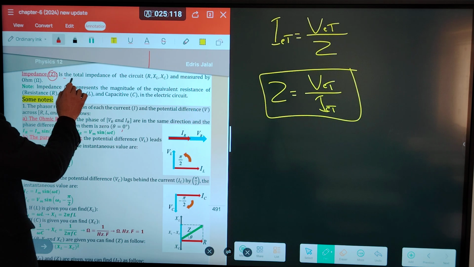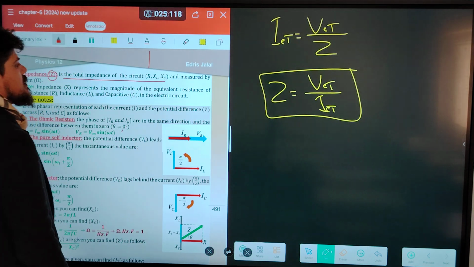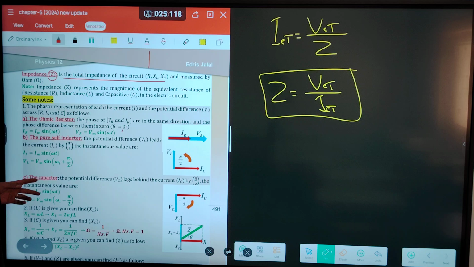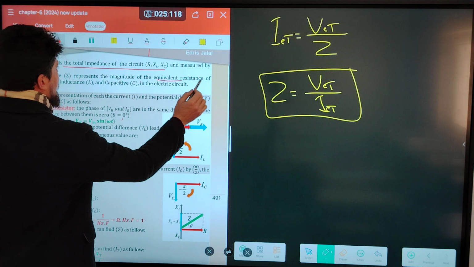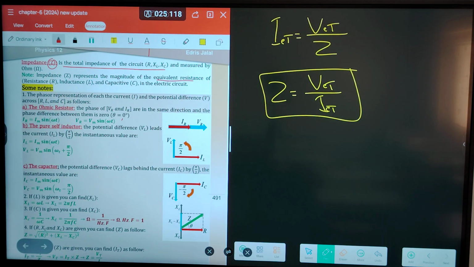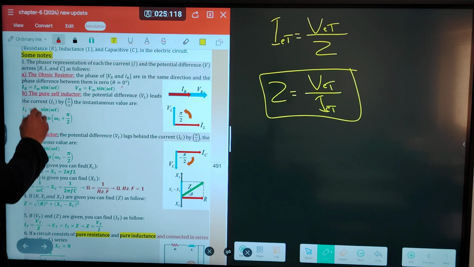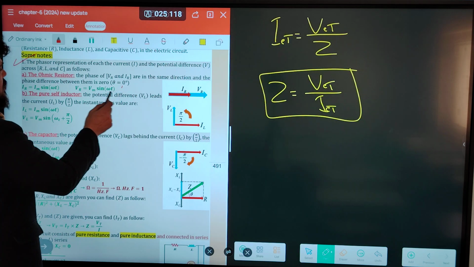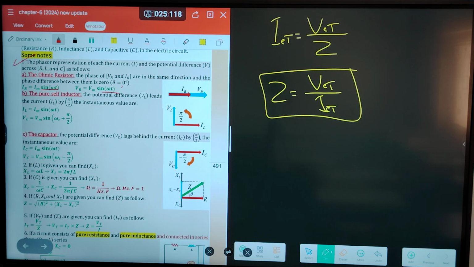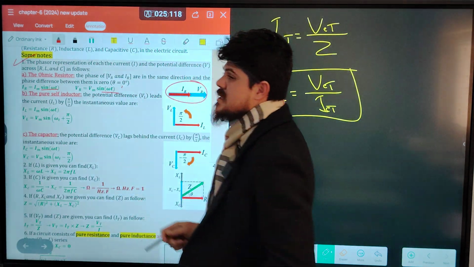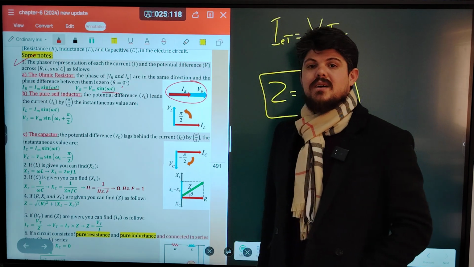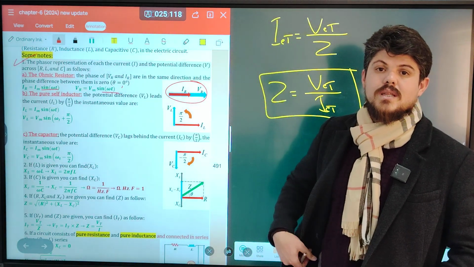Impedance, or total impedance, is the total impedance of the circuit of R, XL, and XC, and is measured in ohms. Impedance represents the magnitude of the equivalent resistance of resistance, inductance, and capacitance. And guys, we studied these individually. In pure resistance, the phase difference is 0. Look, in pure resistance we don't have lead and lag between the potential difference and the current.